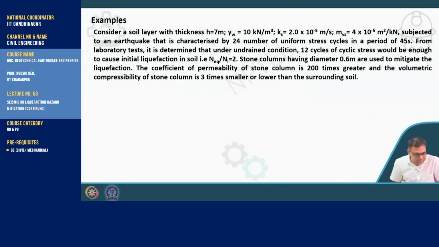So we will first design it without considering any effect. That means we will not consider permeability and compressibility.